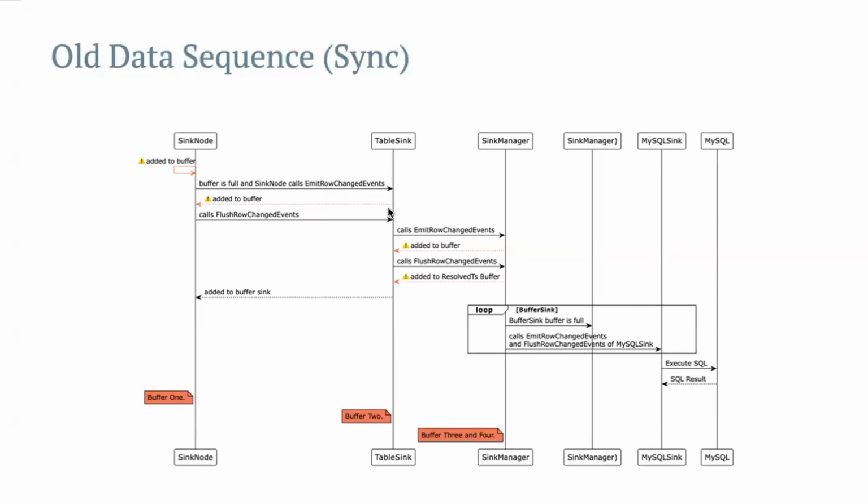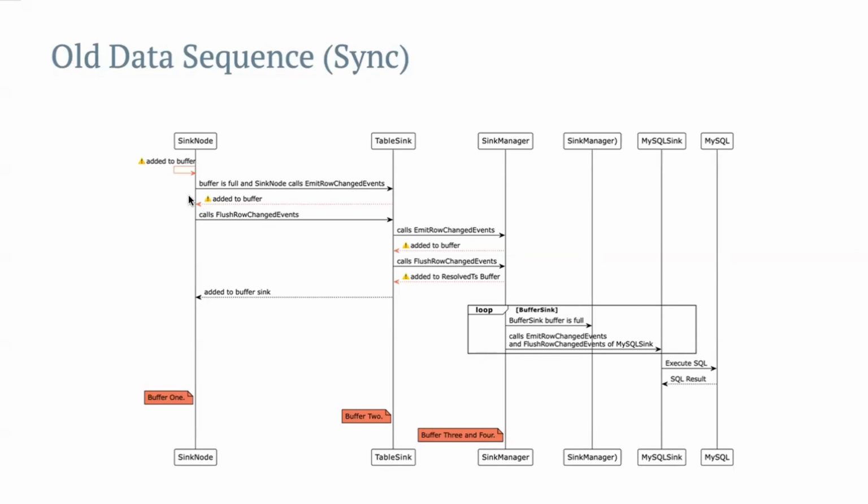The table sync then adds the row change events to its own buffer, another buffer, right? And after that, it will wait for a flush signal. When we add the event to the buffer, we need to keep it in memory and wait for a signal telling us when we can write the data to the downstream.